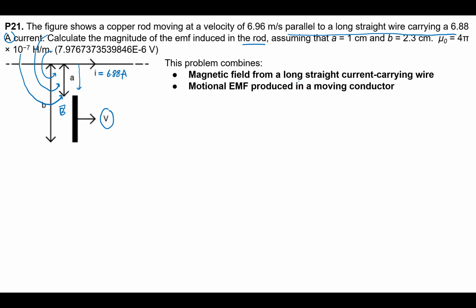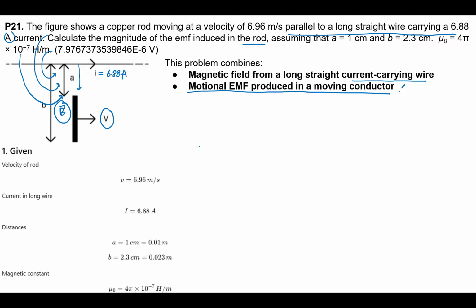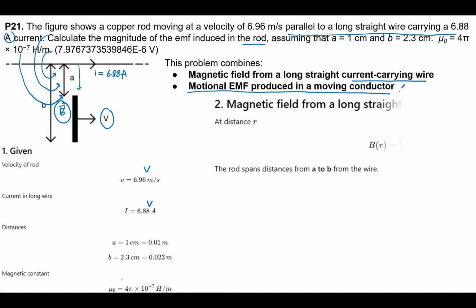This is the magnetic field from this long straight current carrying wire. Then we need to find the motional EMF produced in the moving conductor. That's the problem. The velocity is given, the current is given, and distance a and distance b are given. And we get mu zero, which is given.